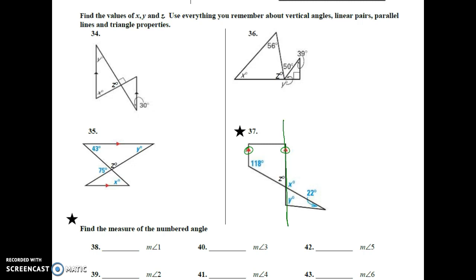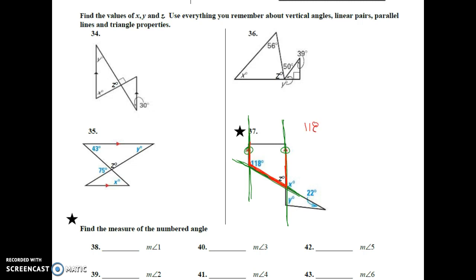Remember, if you have lines that are parallel, you have certain kinds of angles that are formed. And if I have those parallel lines right there, cut by this transversal, do you see on the inside that we have this 118 and this angle Z right here? And if you look closely, there's our C. That makes those alternate interior angles.